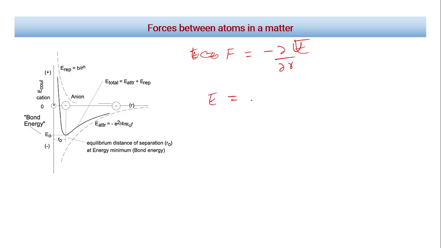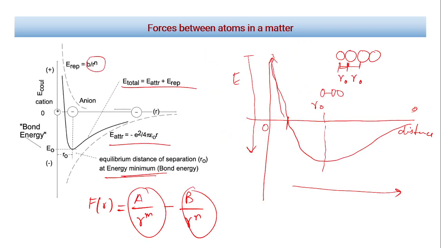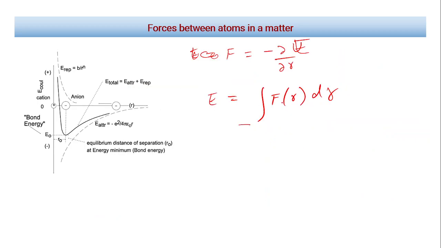So when we integrate the force expression, we will get the energy expression. After doing this, using this expression, A over r^m and B over r^n, when we integrate this, we'll get A over (m minus 1) r^(m minus 1) minus B over (n minus 1) r^(n minus 1). Simple integration this is.